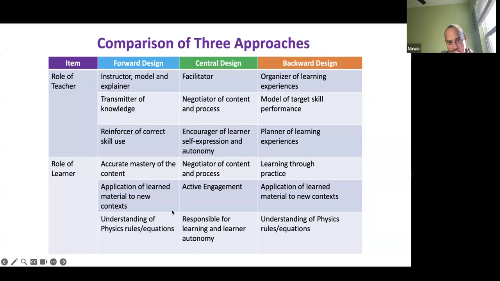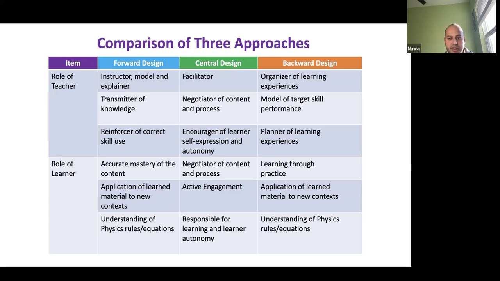Now, as a role of the learner for the forward design, we emphasize accuracy and mastery of the content, whatever content is given. For example, the acceleration or the velocity, we want them to master that. And application of the learned material to the new context. Definitely, we learn the theory and maybe we apply that to solve the problems. And we want our students to understand which physics rules or equations and where to use them.